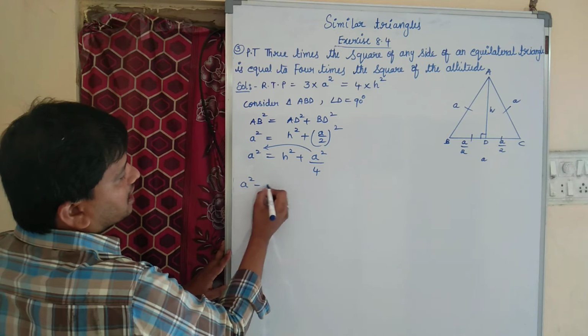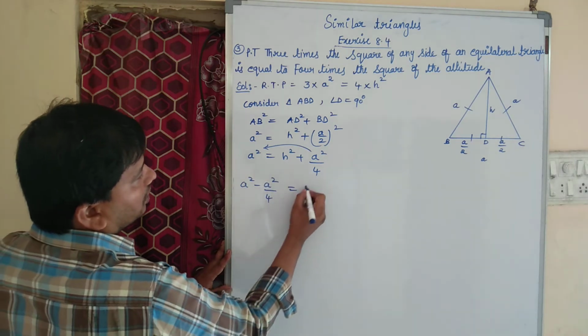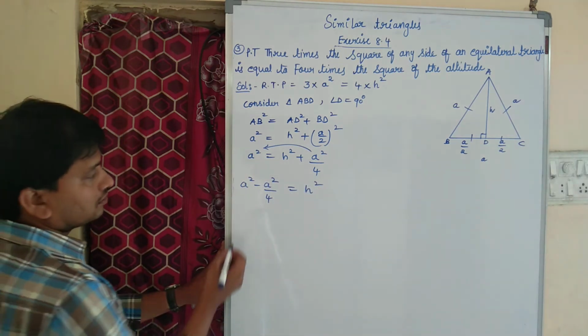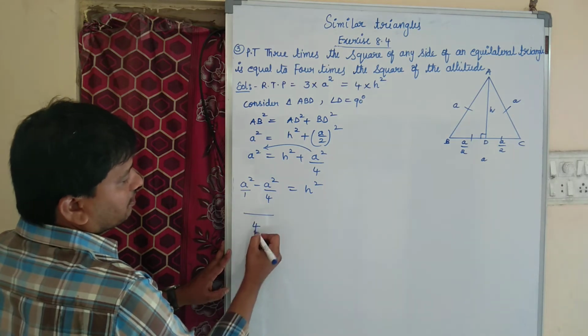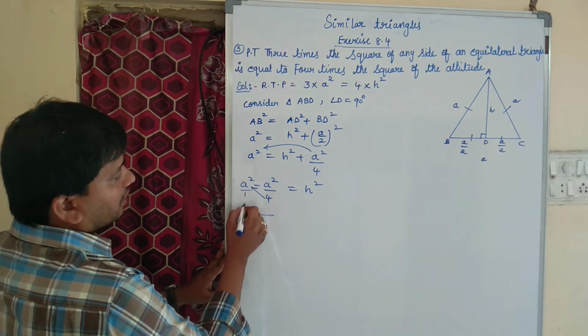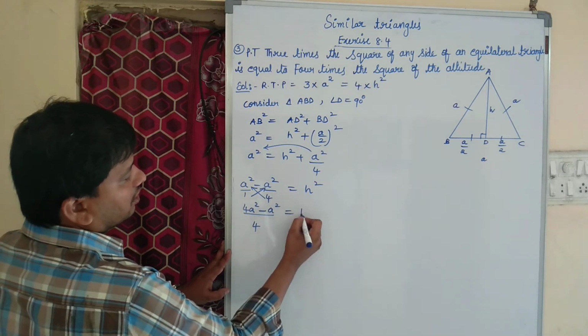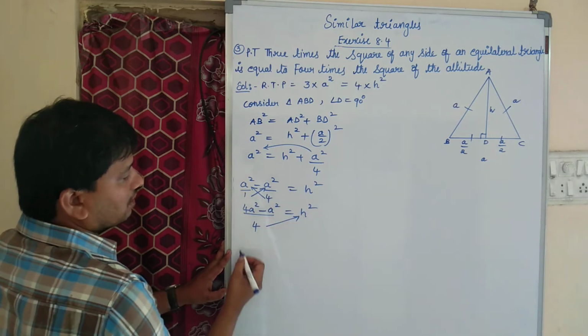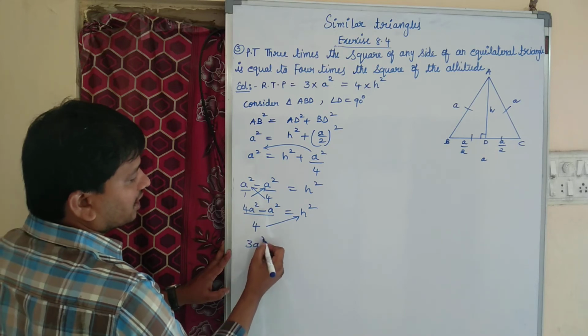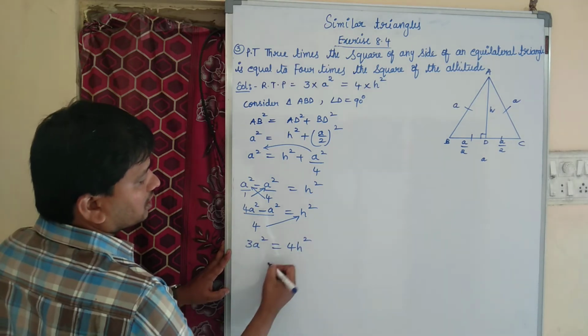Transpose: a square minus a square by 4 equal to h square. Here a square is a square by 1. LCM is 4. 4 into a square, 4a square, minus 1 into a square, 1a square, equal to h square. Cross multiplication: 4a square minus a square, 3a square, equal to 4h square.